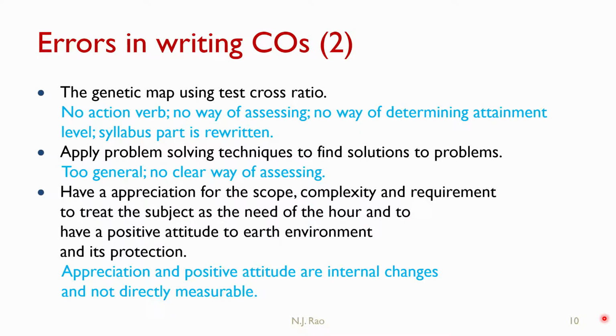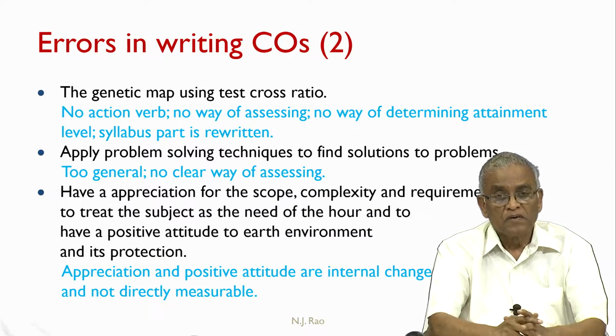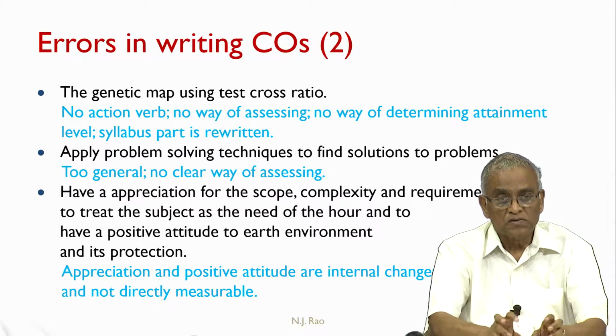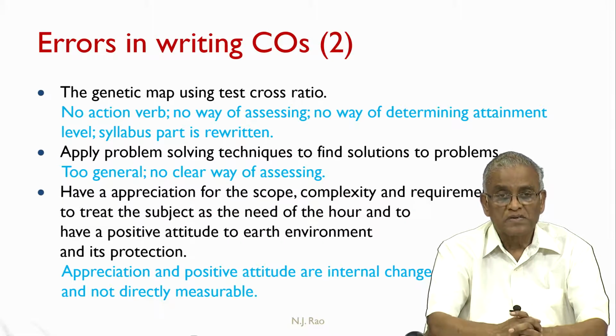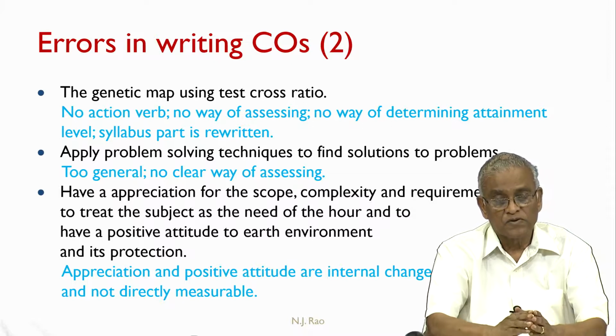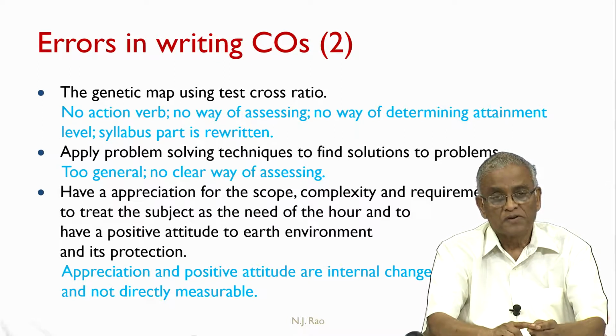First of all, there are two parts to the statement. As you can see, have an appreciation is one part, second part is have a positive attitude. Even if you consider have as an action verb, there are two action verbs. Then appreciation and positive attitude are once again internal changes and they are not directly measurable. So, first thing is it should be only one action verb and it should be measurable.